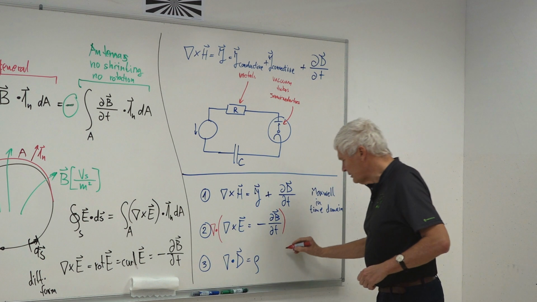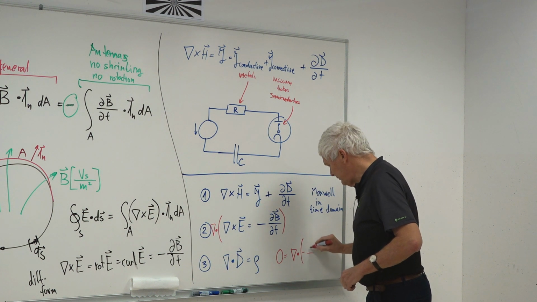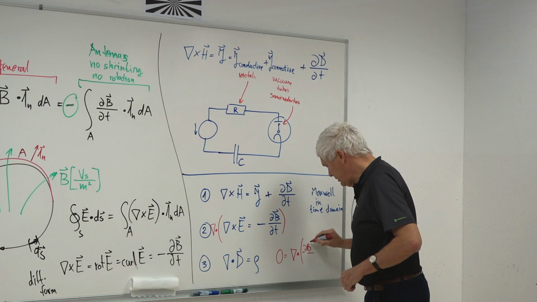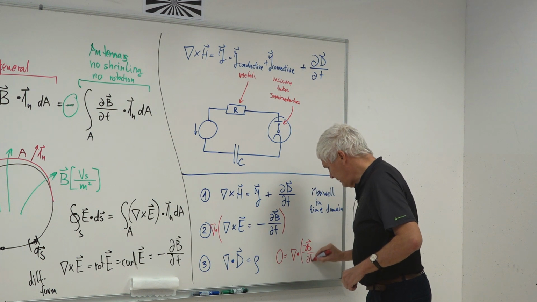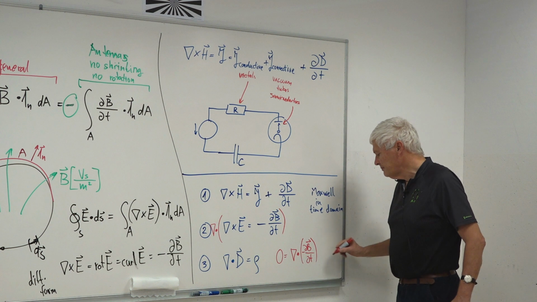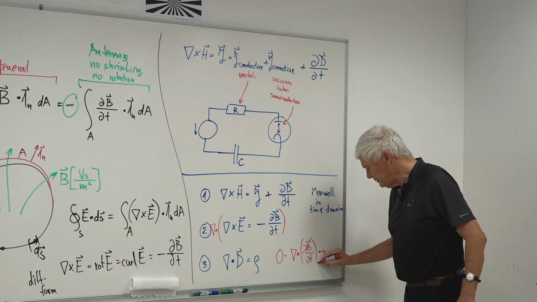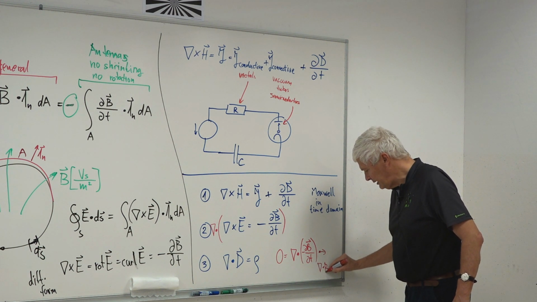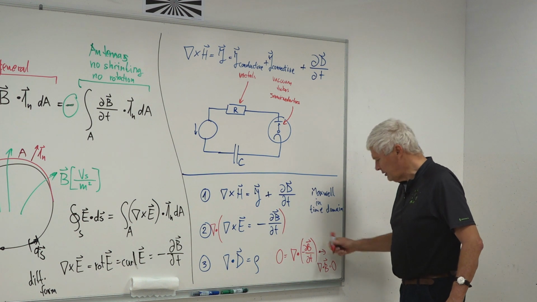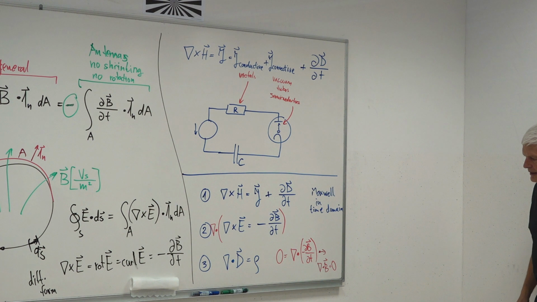So you have 0 is equal to the divergence of the derivative of B over time. This simply means that the divergence of the vector B is always equal to 0. If its derivative is equal to 0, it can never change, so it has to be 0.